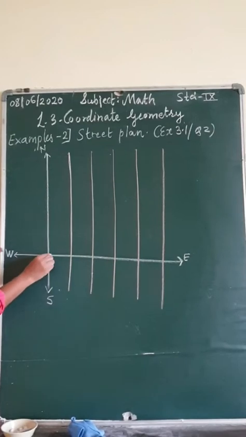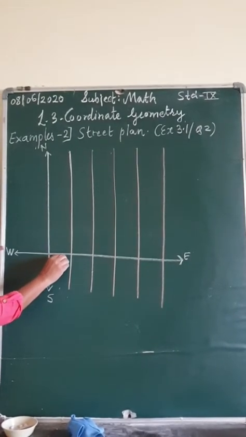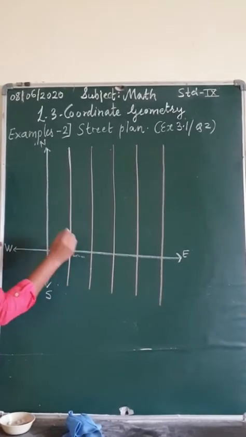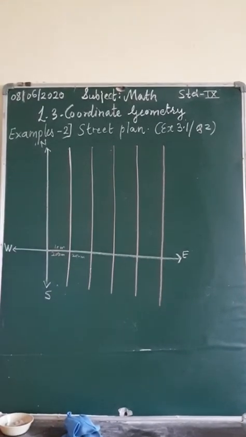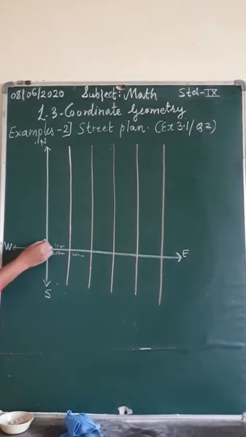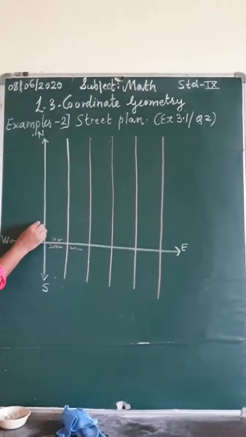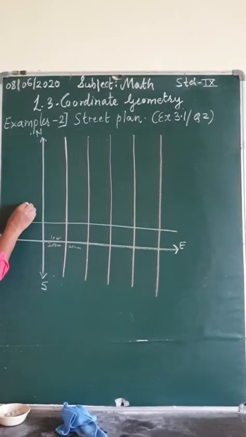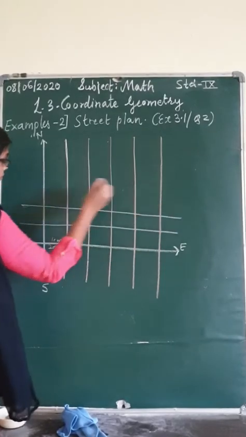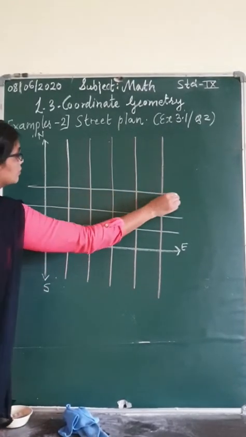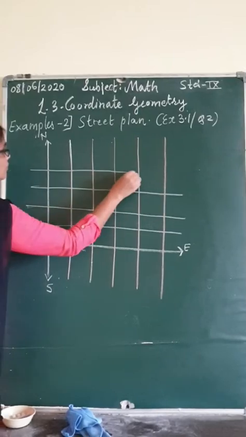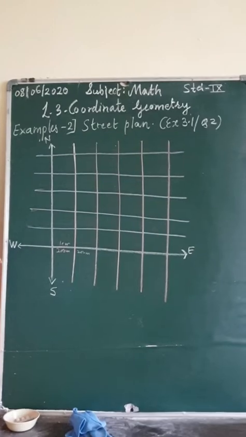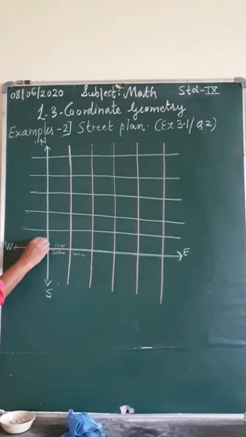They have given that 1 centimeter is 200 meter apart, so you have to take the distance into account. Now another is again the east-west direction, with the same distance, 1 centimeter means 200 meter.